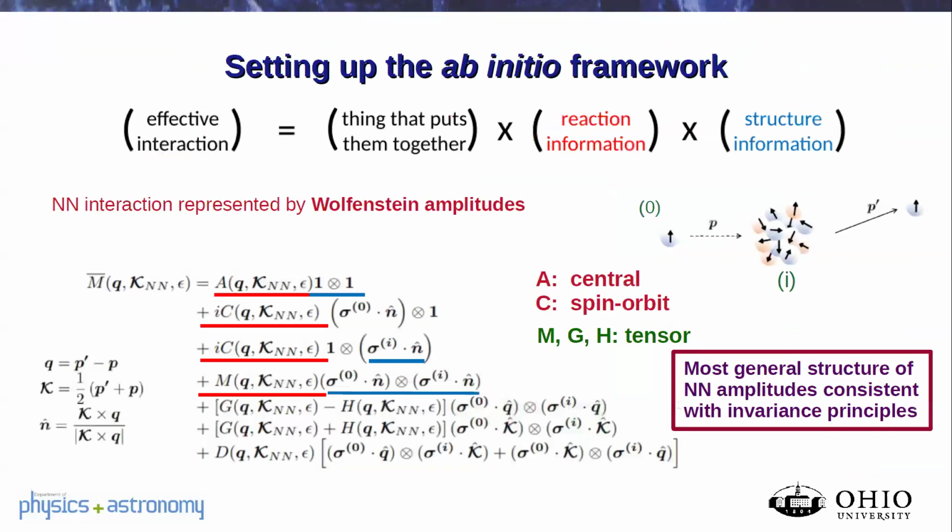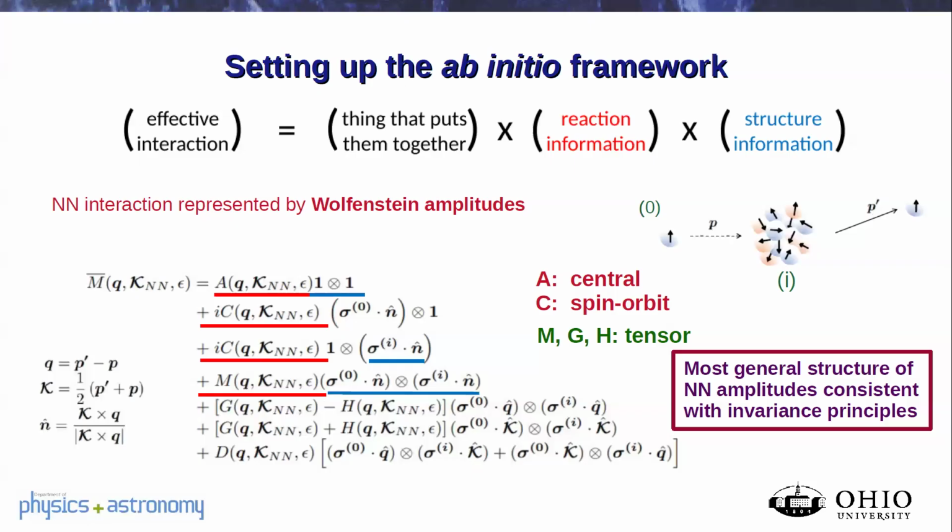Now let me say something about the NN interaction. Normally you are used to the NN interaction as a bunch of diagrams; you work all the diagrams, partial-wave decompose them, and compute phase shifts. That is not the most useful thing in this case, because one of the nucleons is sitting in free space, namely described by a plane wave, and the second nucleon is sitting somewhere inside the nucleus.